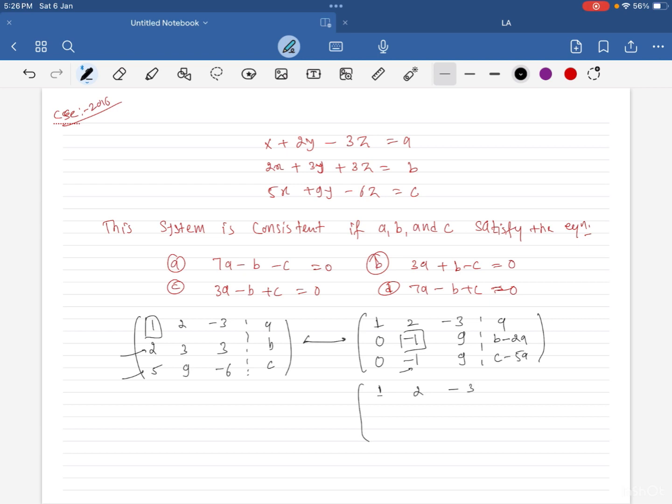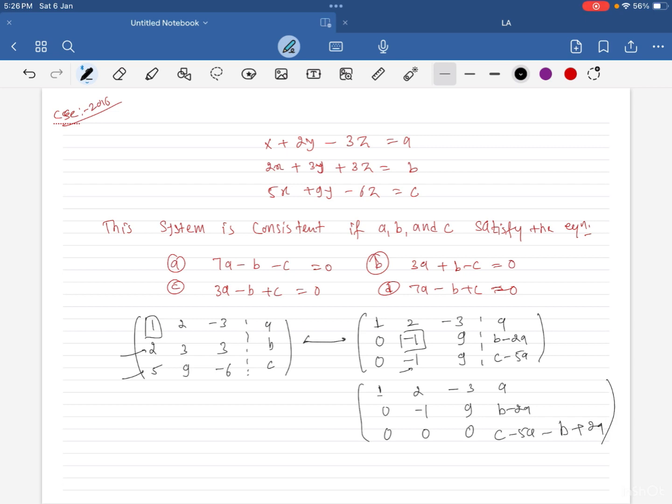Now we can pick this as pivot and apply the elimination and eliminate this one. We subtract, so it will be 0, 0, 0, a, b minus 2a, and here c minus 5a minus the second row, so minus b plus 2a.